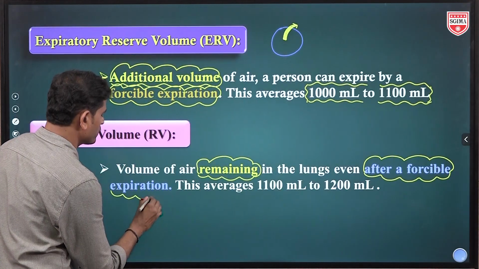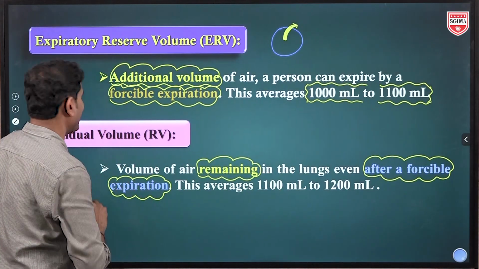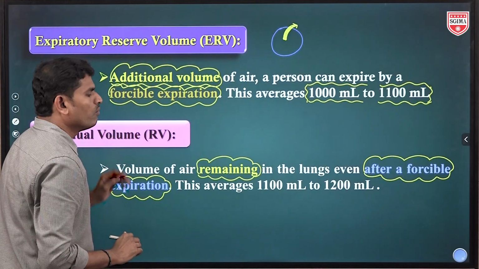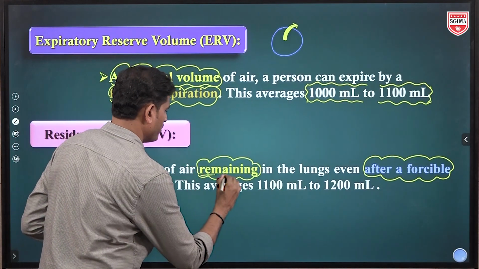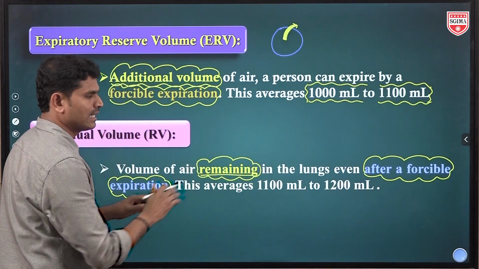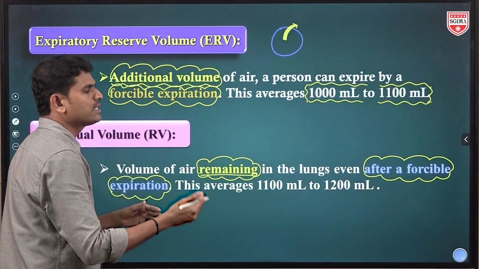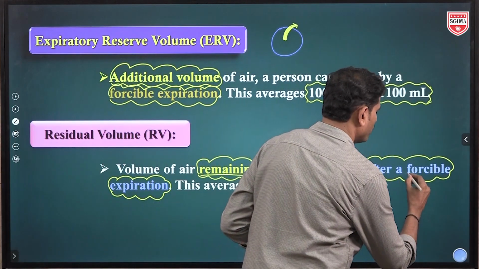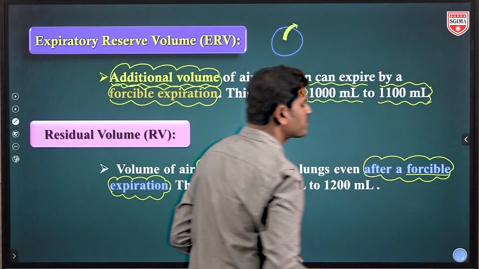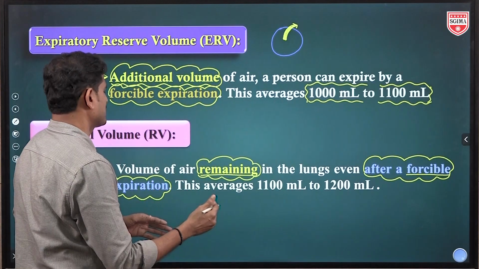This is known as residual volume. Here we have to remember that remaining in the lungs, that is very important. Is it a normal process or forceful process, bole to this word also is very important. That is, it is a forceful process, forceful expiration.